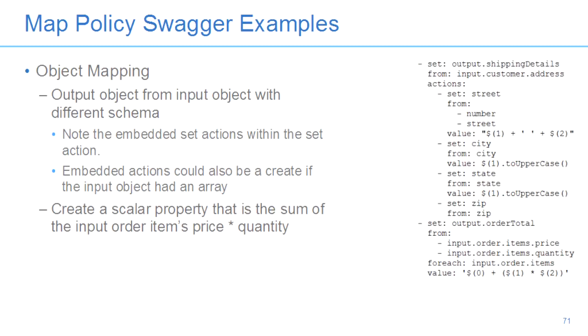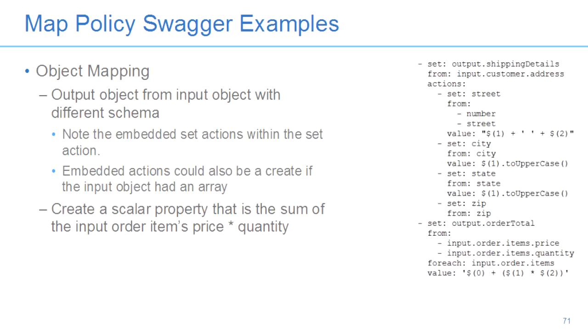So this is an example of how the set and the from on the very first part start with output and input, but in the embedded actions, the sets and the froms are all dealing with the specific properties within the particular objects that were being either created or pulled from as far as data. And the same would hold true for city, where we're just uppercasing the city, we're uppercasing the state, and just passing the zip straight across.